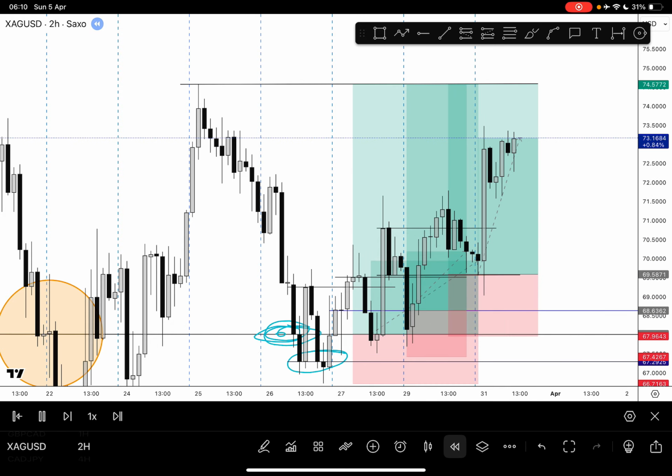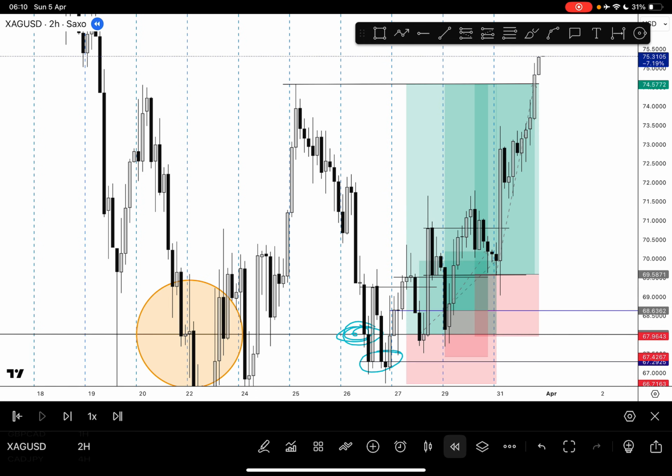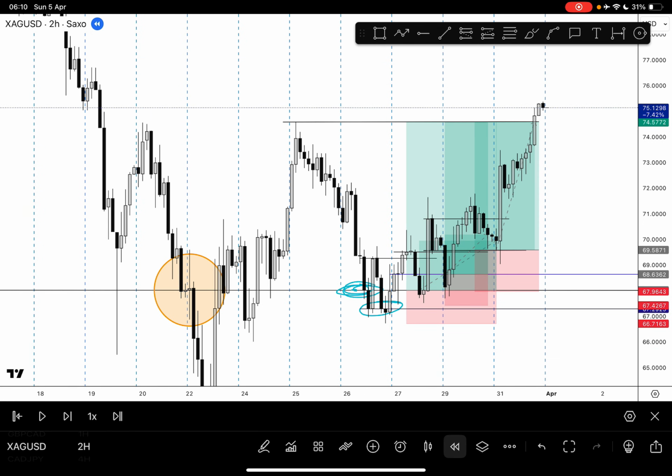Right, 3 entries, guys, and you make this. Can you see? Very, very simple entry models that you can follow. So far you know your direction, you know where price is going to. You can also keep using this, back to back to back.